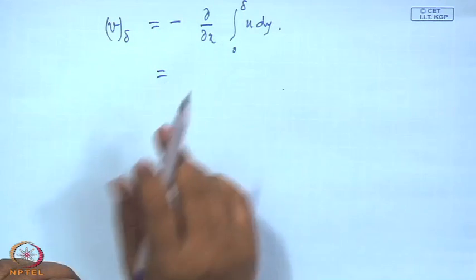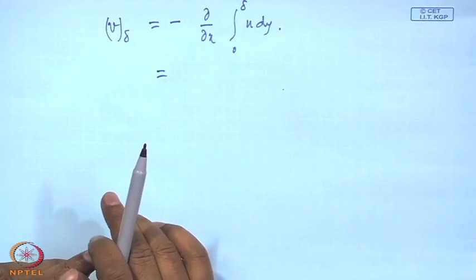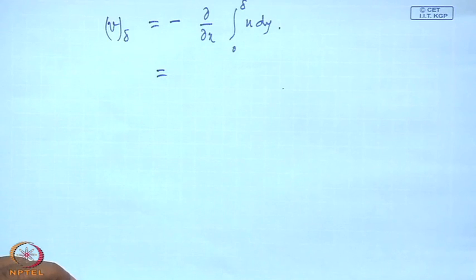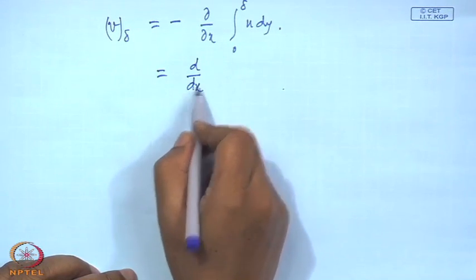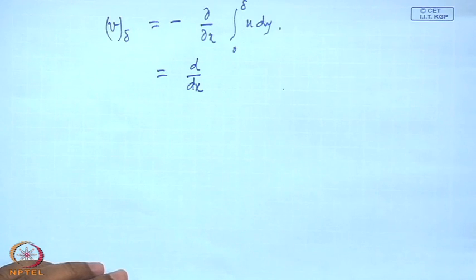And since we are integrating across y, these quantities are no longer function of y. So, this derivative we can write as an ordinary derivative. Yes, what have you got? V E, how has V E come here?